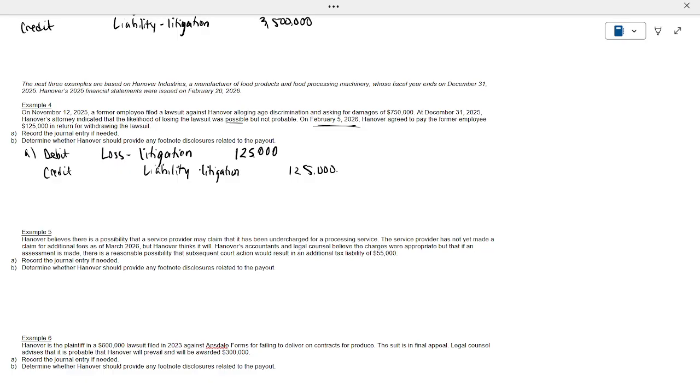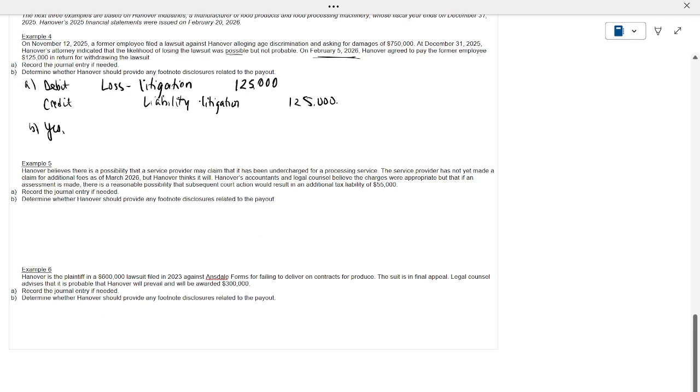And then B, determine whether the company should provide any footnote disclosure. Absolutely, we know that we're going to have to pay out. So we would want to disclose information related to this lawsuit and the information that we do know.